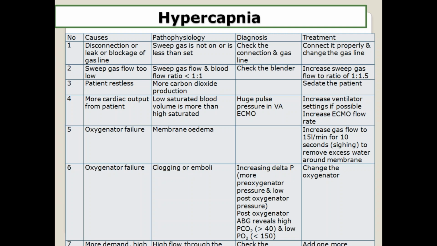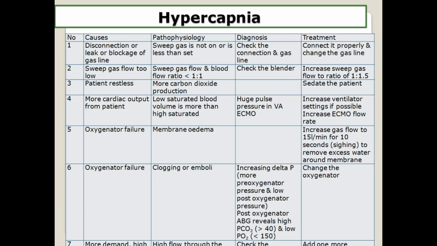And this is what we have actually seen. I've been to one place where we put the patient on ECMO, and our blender was not getting fit into their oxygen socket.